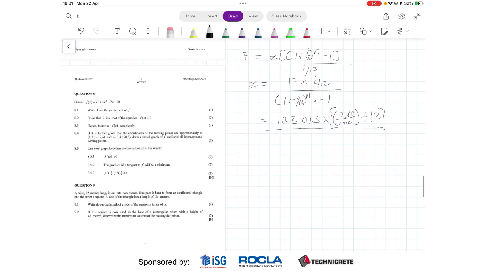So then that is going to be 1 plus, in brackets, 7.85 over 100, divided by 12, all to the power of 59, minus 1.